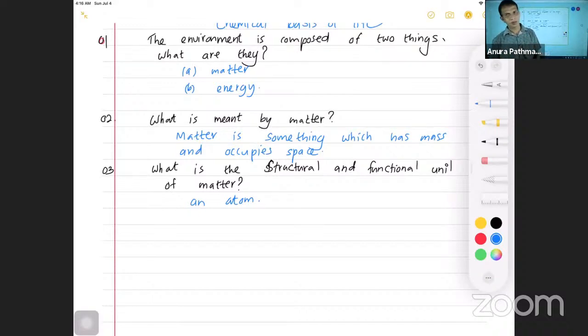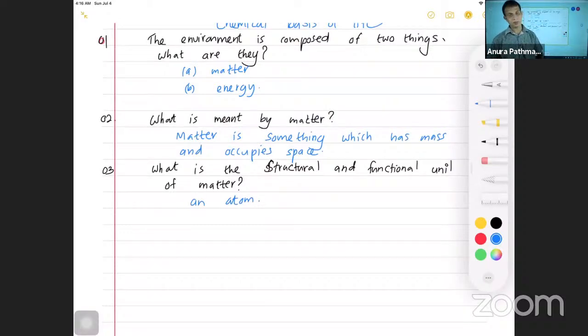Matter is composed of atoms, and the structural and functional unit of matter is the atom. There are different types of atoms, and we name them elements. So when we think of the chemical basis of life, we want to discuss the elements.